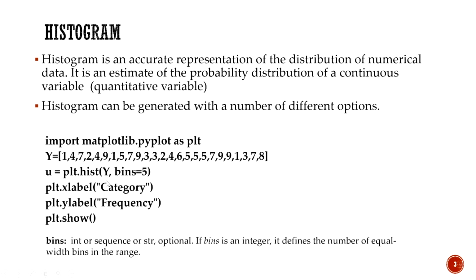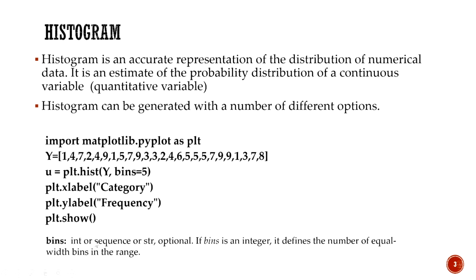Then we pass the data, and then we define the number of bins, the number of bars that you have in your histogram. Then you assign x label, y label, and then you show the plot. So everything we discussed about formatting graphs applies here. Instead of plot, we just use hist.